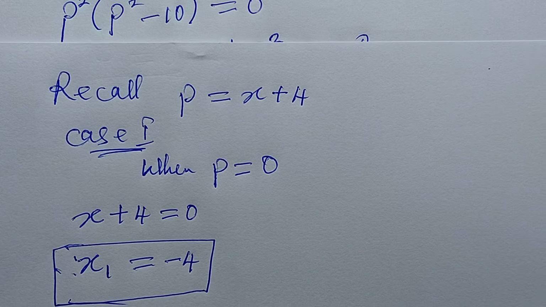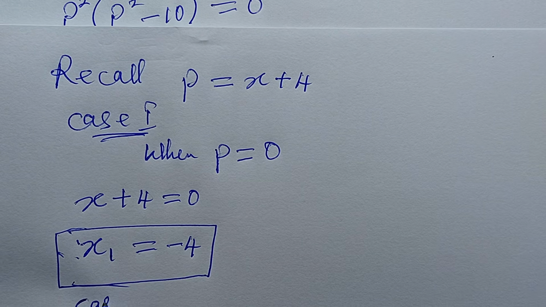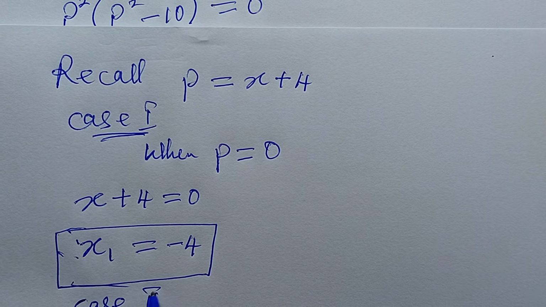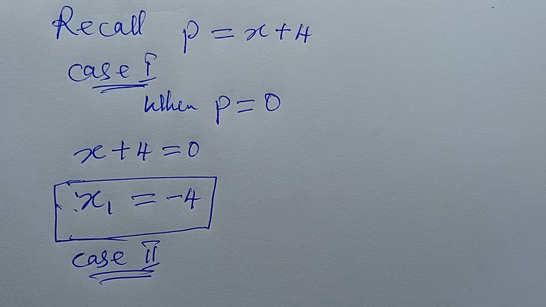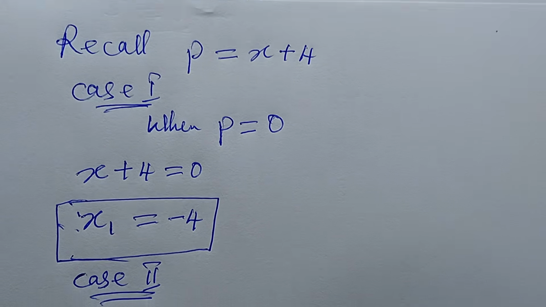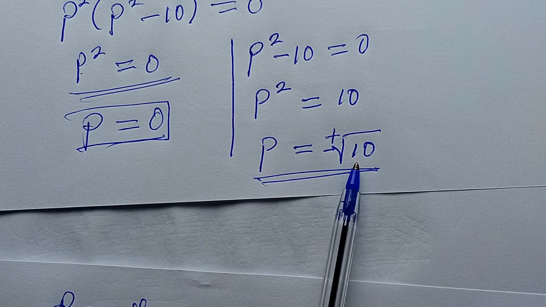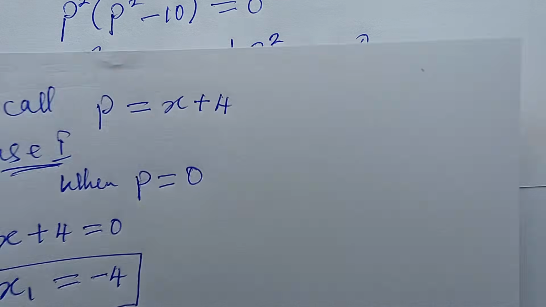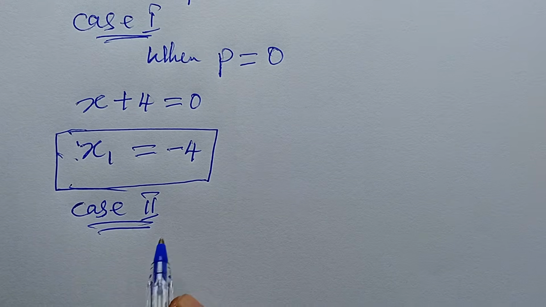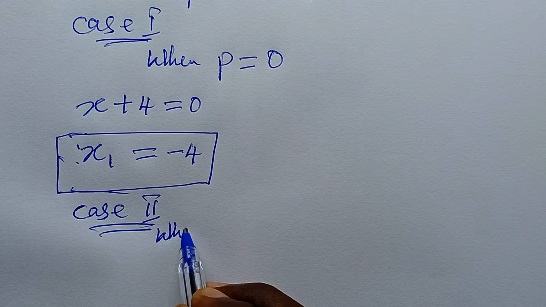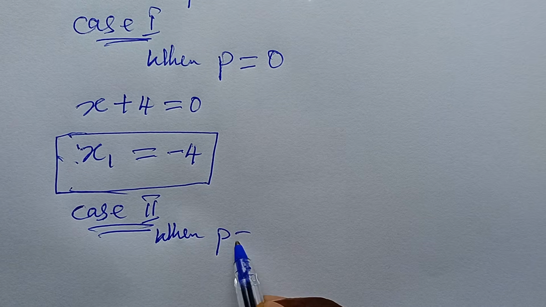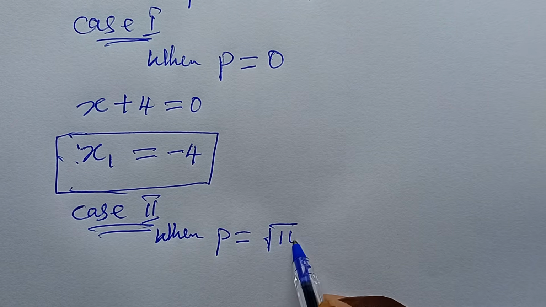Now let's take our second case here. So we have case 2. What is our case 2? In case 2, we're going to take the positive value of p here. This is when p is equal to the square root of 10.